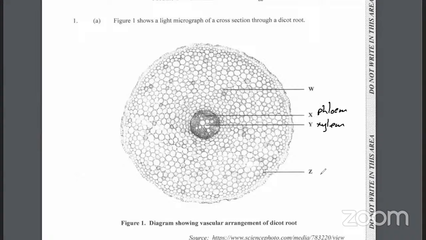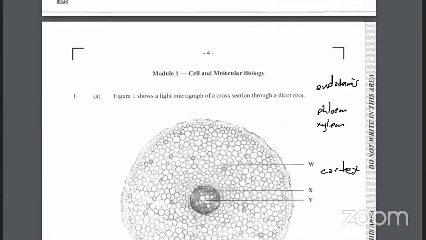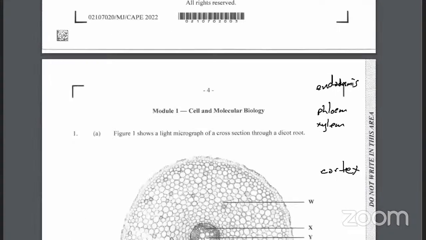So xylem, phloem, the cortex and the endodermis. With any labeling you're doing, know their function.